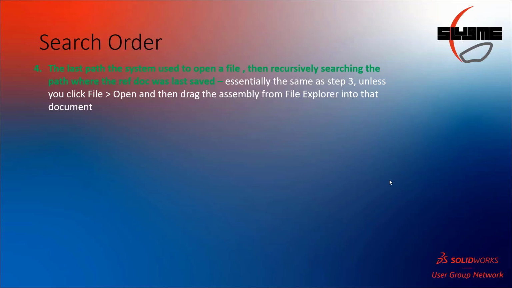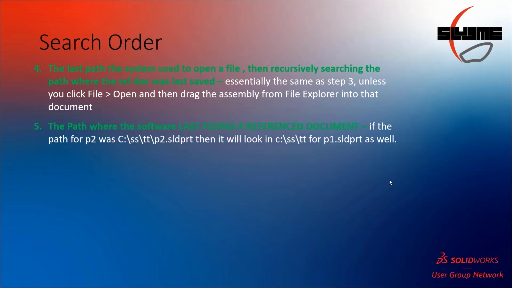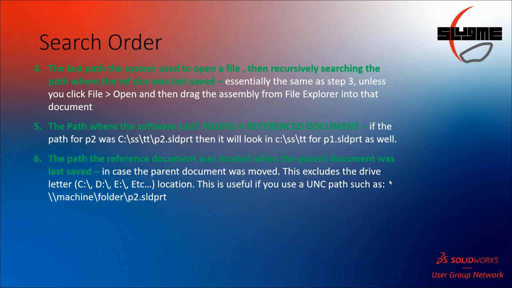Number 5 is the path where the software last found a referenced document. So again, a little bit of a twister, but it's saying if the path for P2 was C:\SSTT, then it will look there automatically when it's looking for P1. Number 6 is the path the reference document was located when the parent document was last saved.